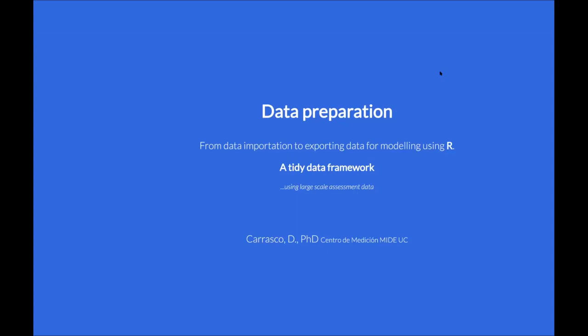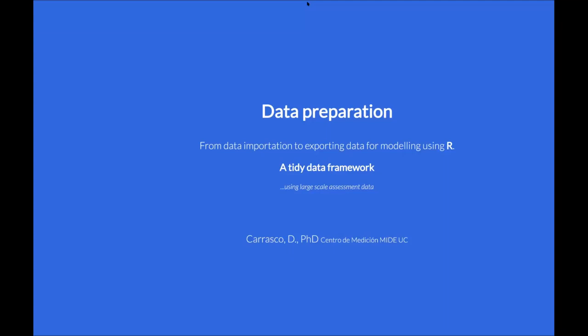Okay. What I'm going to present is how to try to address five different problems that we may encounter when we are dealing with data from large-scale assessment. The first one is that we're going to have several files, and we want to have them in a single file to make, for example, a data model that compares between countries.